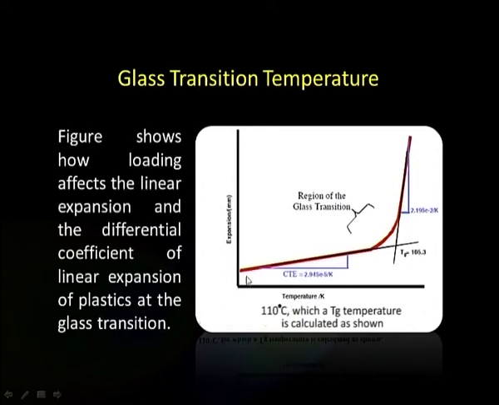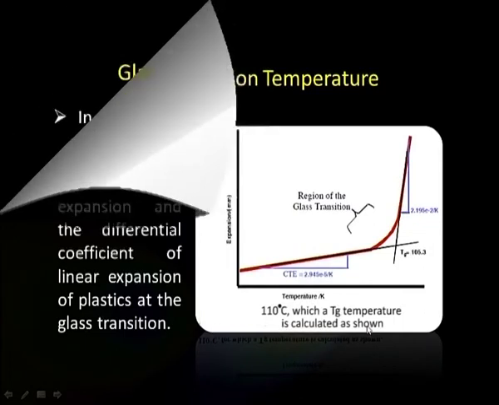You can see here that initially with increase in temperature, the curve gives almost a straight line, and then at glass transition temperature this shows a break, and then there is sudden rise in expansion. From this curve, the value of Tg was calculated close to 110 degree Celsius.